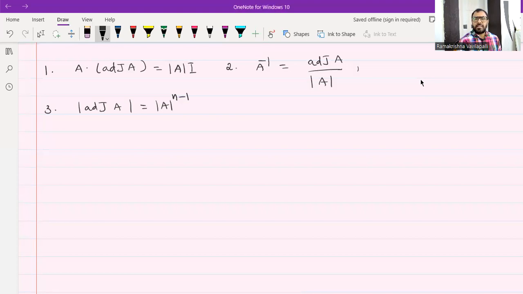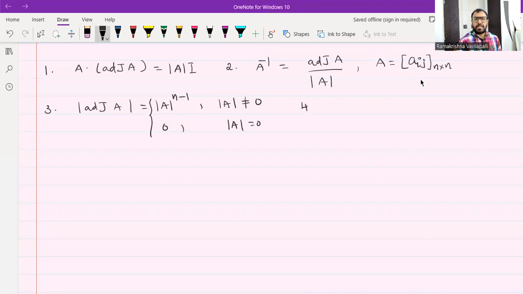Here I am writing that A is an n by n matrix, so simply I will write the matrix form n by n. This is if |A| is not equal to 0, and 0 if |A| equals 0.